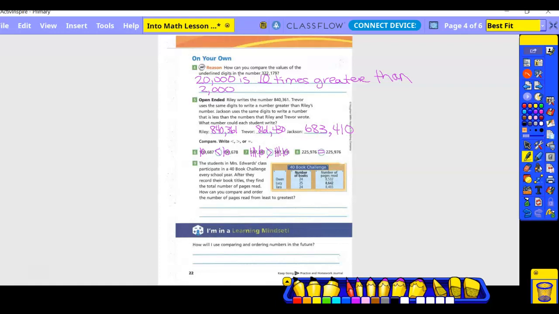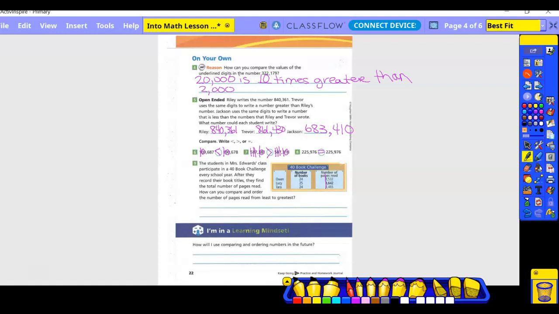Yes. They all go to what place value? The thousands. In the thousands place, do they all have 8? Yes, so we're going to mark this off, kind of like what we did before on the other page where we rewrote them and stacked them.